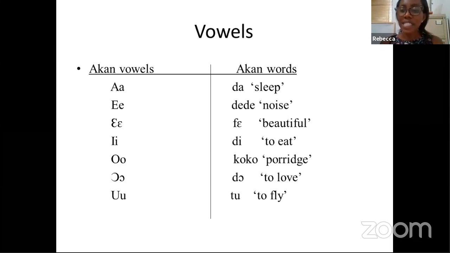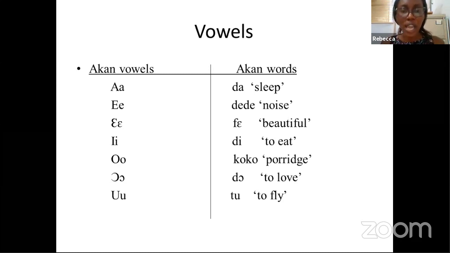So we have da, the a in da, the e in de, the e in fe, the i in di, the o in ko, the o in do, the u in tu. Very good. So if you were following by now, you should be able to know all the vowels in the language. Excellent. So now let's progress.